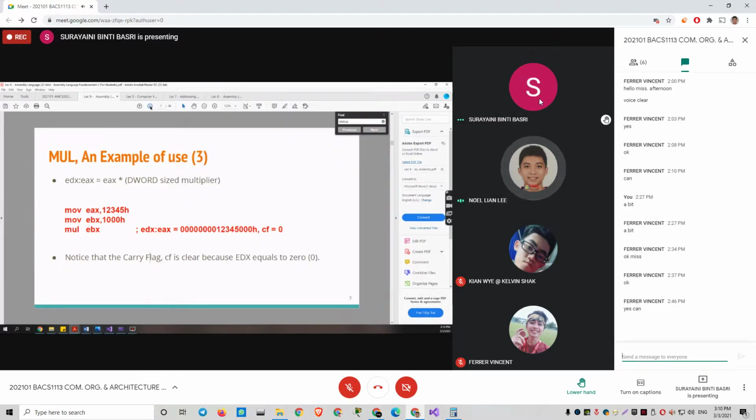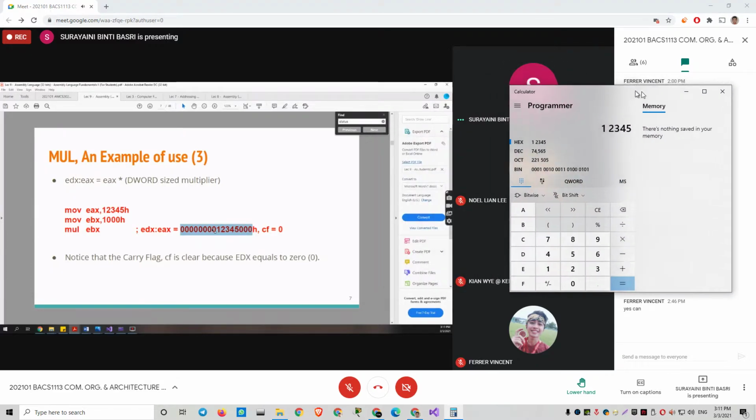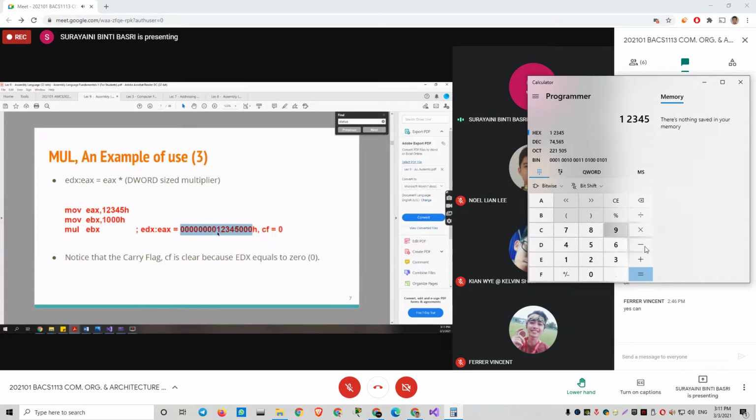Understand. When I convert 1, 2, 3, 4, 5 hexadecimal into binary, it's more than 32 bits.